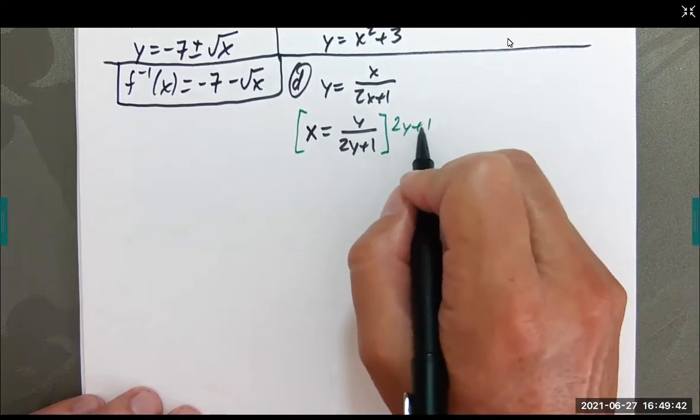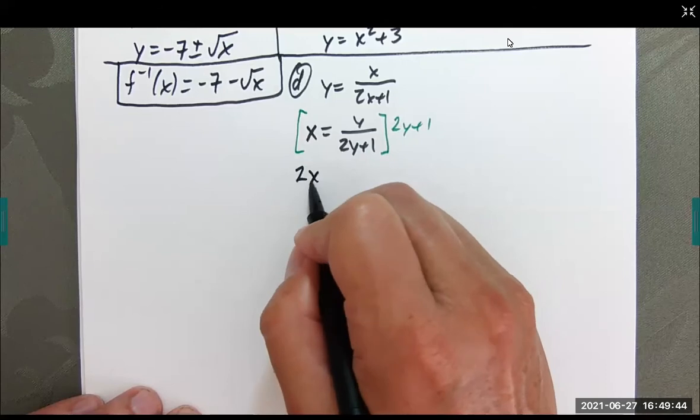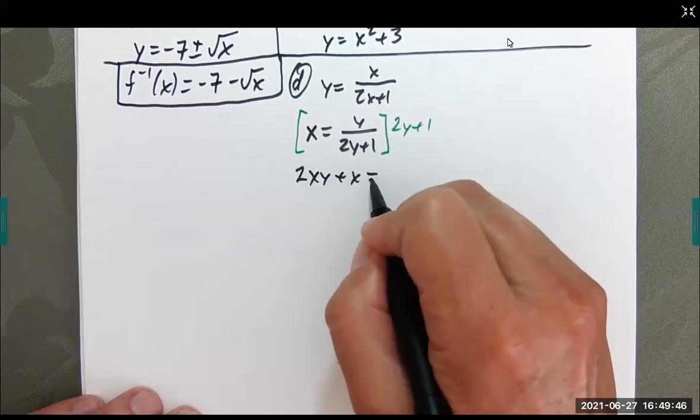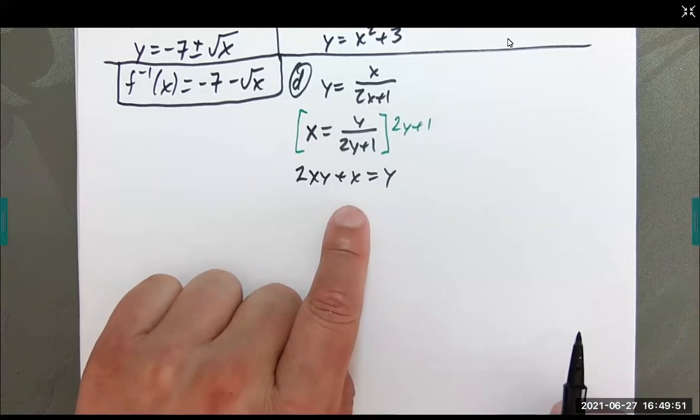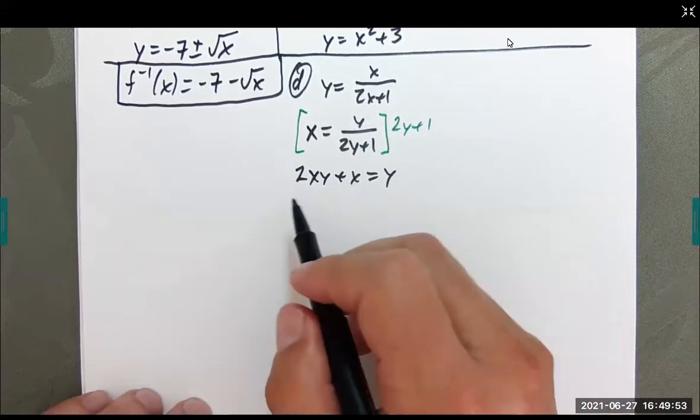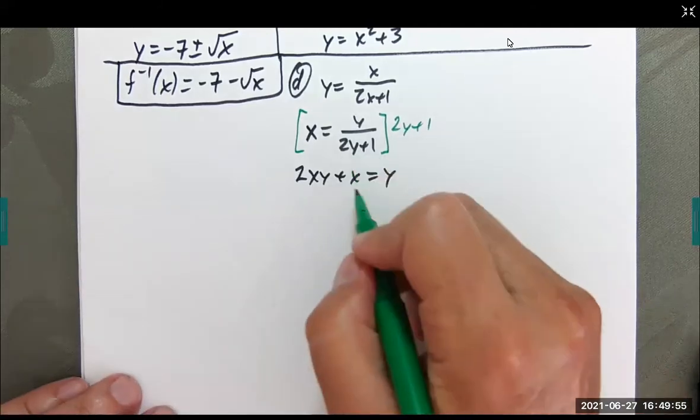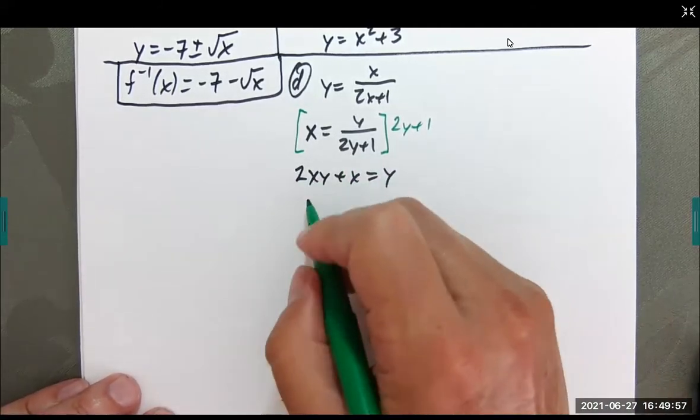So (2y plus 1) times x gives me 2xy plus x equals y. They cancel out here. And now I'm going to gather the x terms to one side. In fact, since I already have a y here, I'm going to move this to the right.